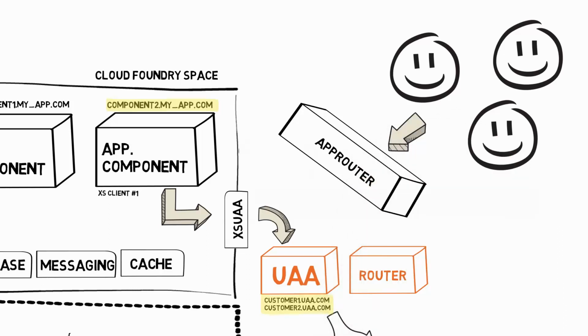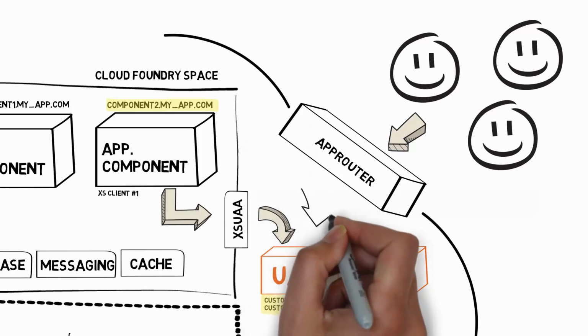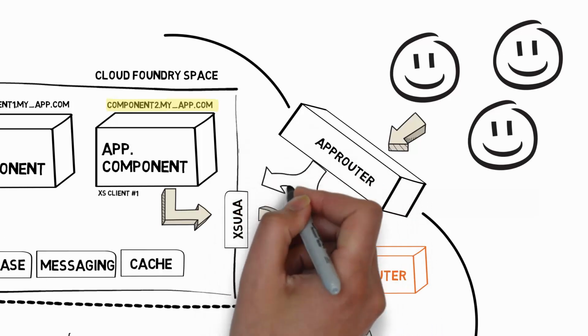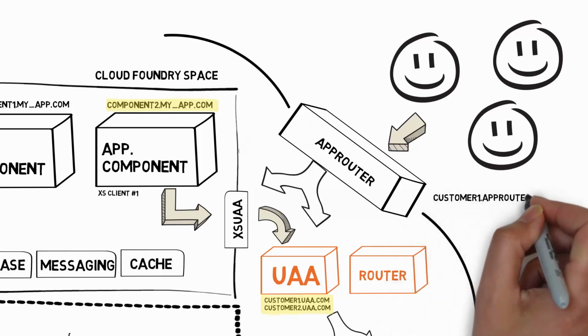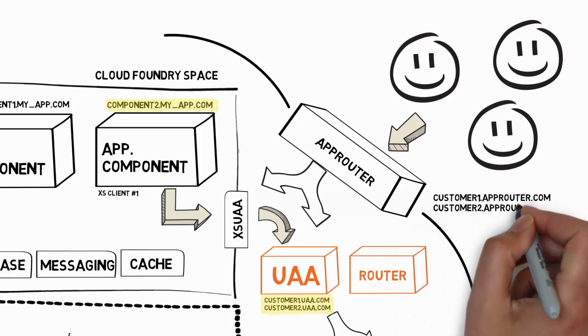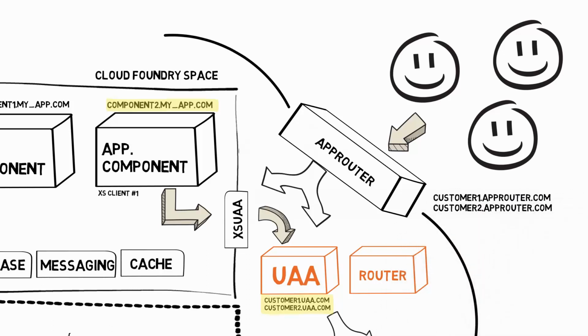And while the communication flow with the exchange of tokens and so on is happening in the background, the user does not get to see most of it because he only ever accesses the app router component, which in turn orchestrates the entire process under the hood. The app router is listening at all subdomain addresses for all your subscribed customers, just like the UAA, and correctly forwards any incoming request to the UAA and your other application components.